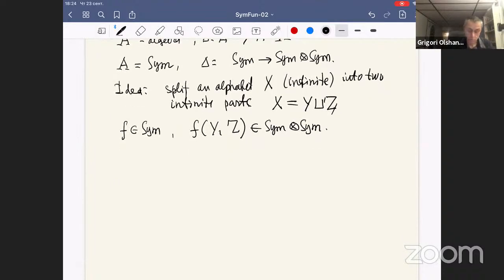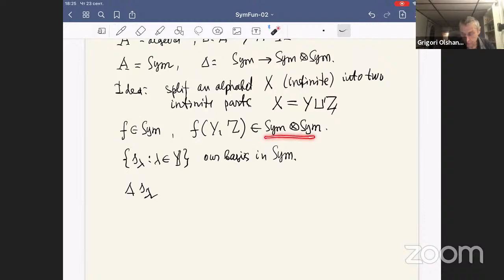What next? We apply it to our basis, and apply it to the Schur function. We get some element from this.